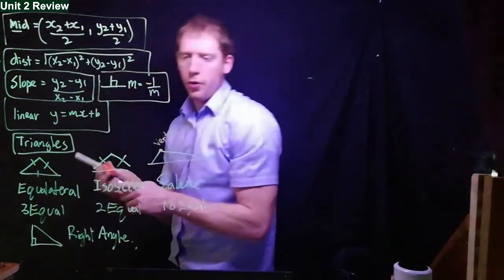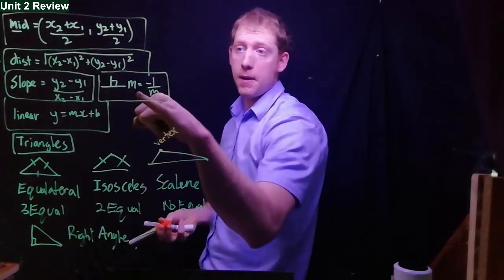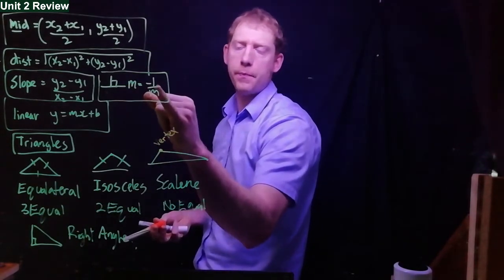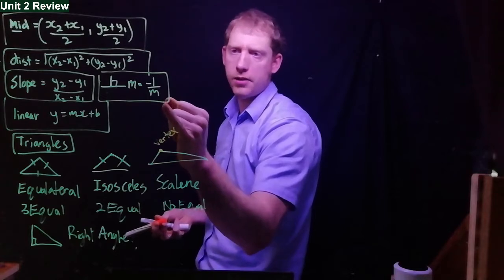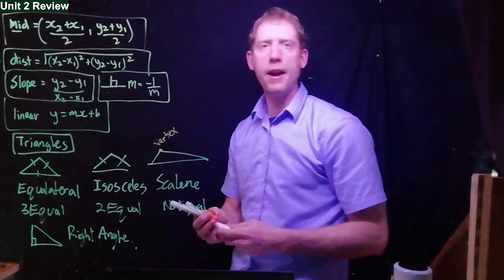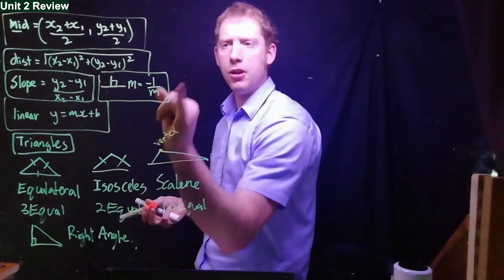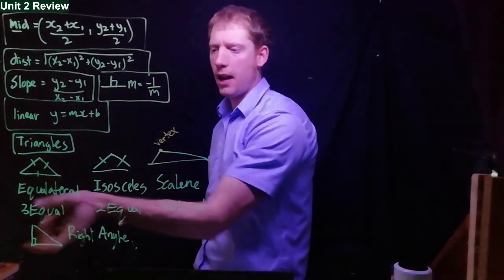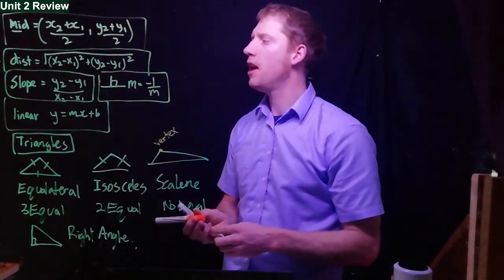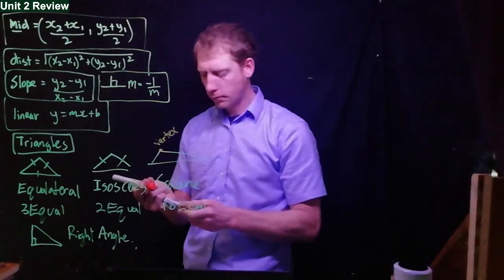So if I use 2 of the vertices and I find the slope of the bottom, and I find that the slope of this guy is the negative reciprocal, the perpendicular slope, then it's a right angle triangle. So you can prove a right angle triangle by determining the slope of the base and making sure that it follows this equation to give you 90 degrees there. If one of the angles of a triangle is 90 degrees, then it's a right angle triangle. So triangles, you need to be able to prove them.